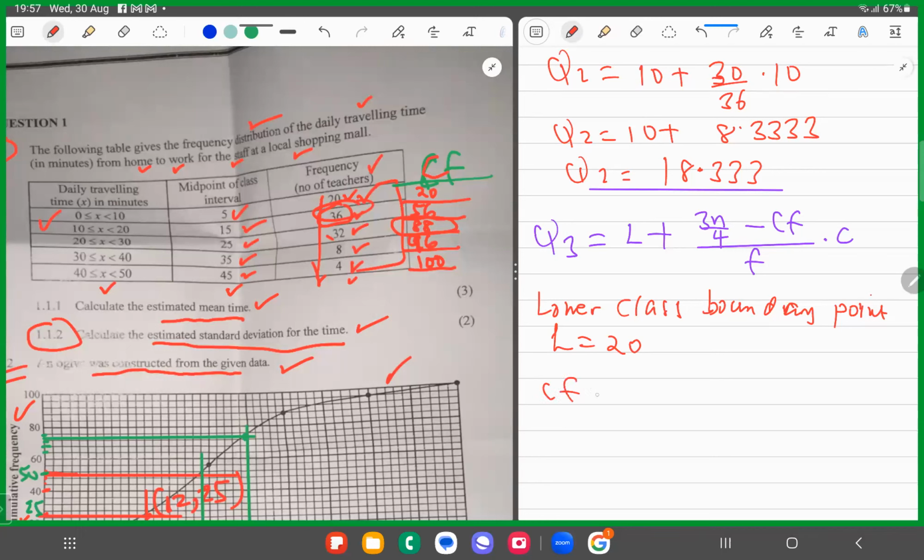And now the preceding class cumulative frequency is going to be 56 there. And the lower class boundary point is 20.